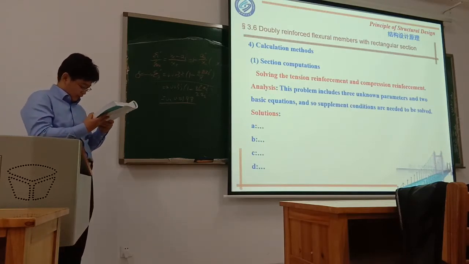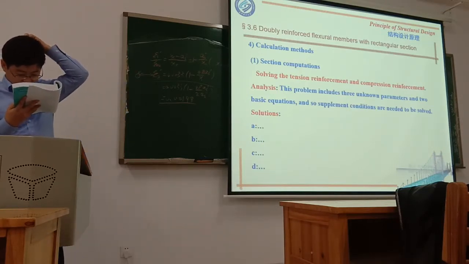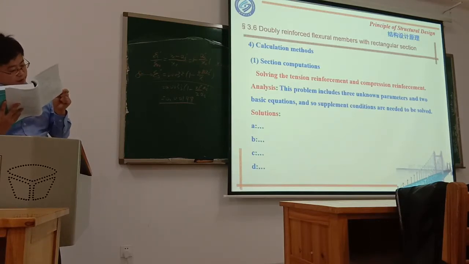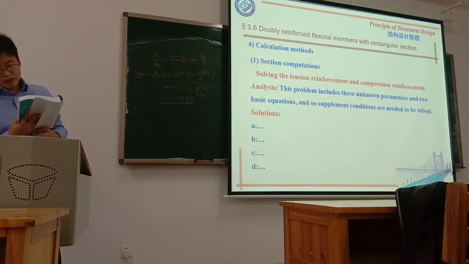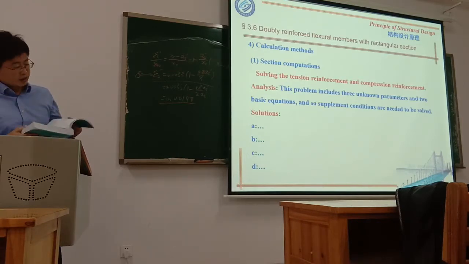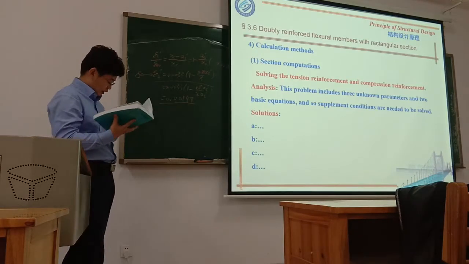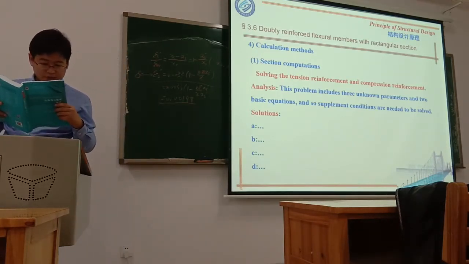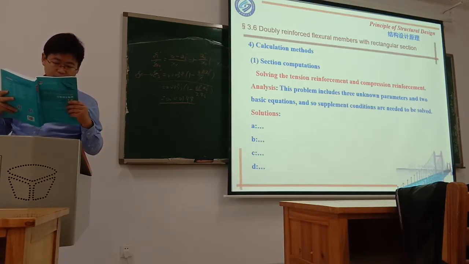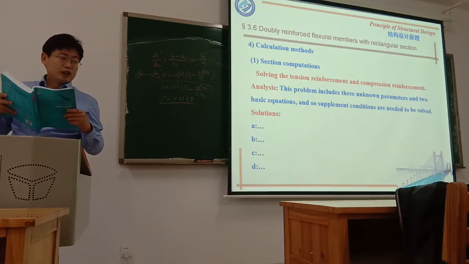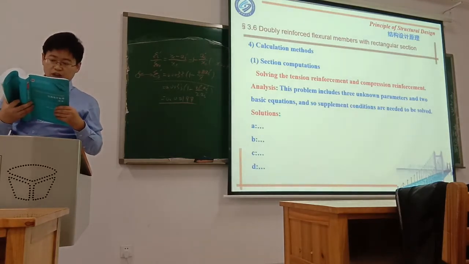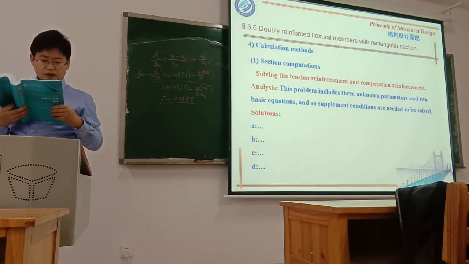So we see the calculation method in this picture. I didn't give you the figure, but it's in your book, 6A, the calculation method. So for this double reinforcement beam, normally we have two cases to discuss.